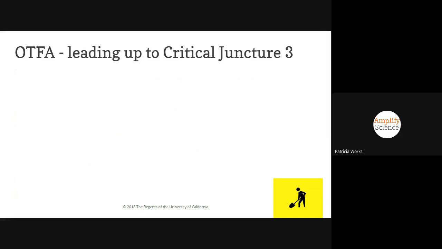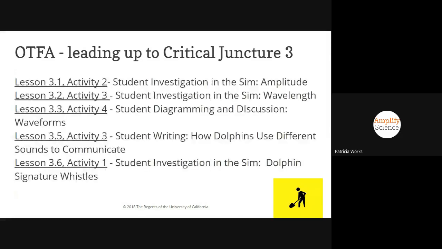Evidence of student progress involves various modalities here, as you see in the list of activities. And you notice that this really addresses that PB level 3, that sound waves differ in amplitude and wavelength.